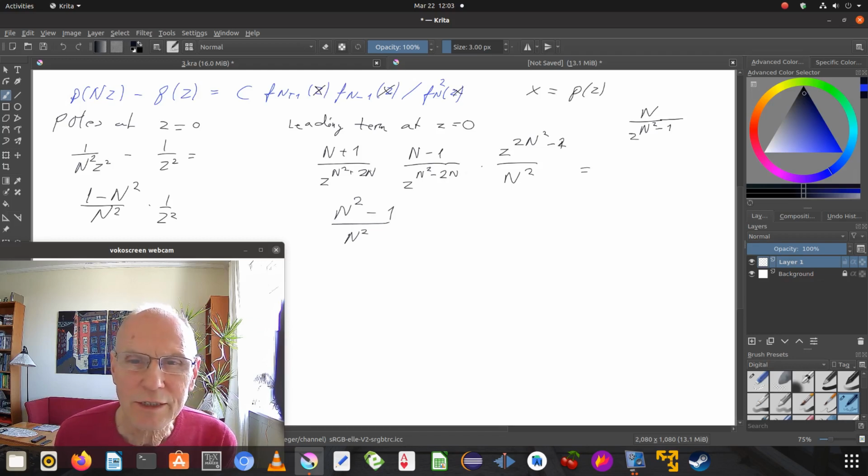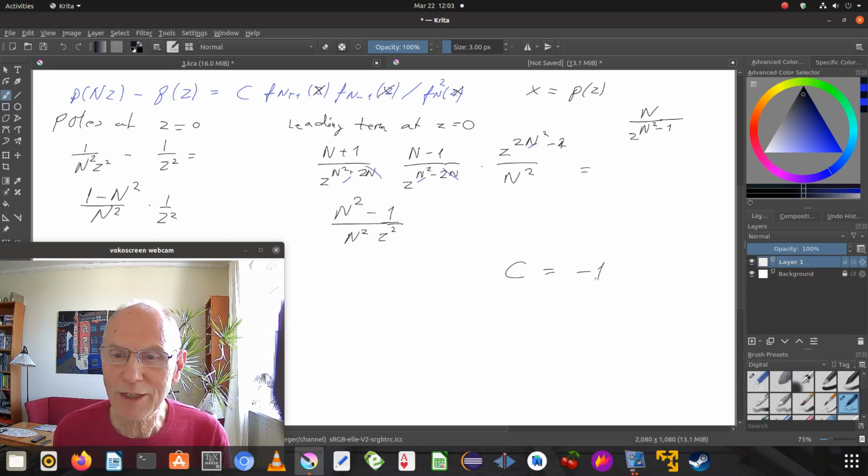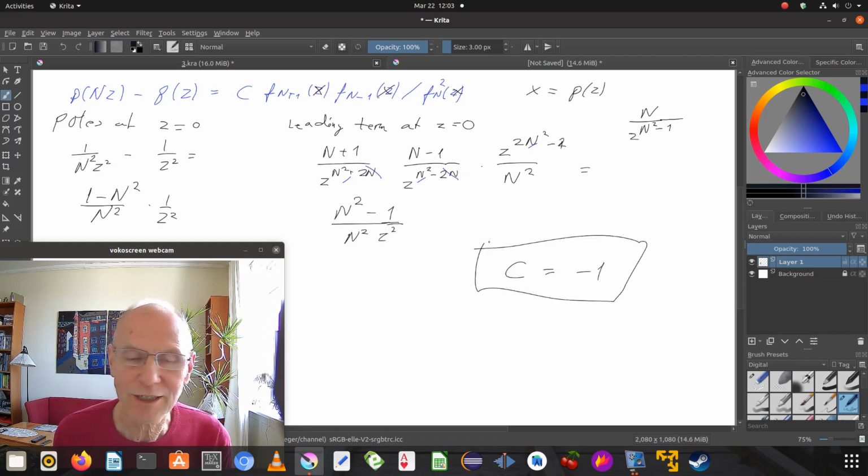And then these two cancel, and these cancel. So we get z to the minus second, or z squared in the denominator. So that finishes it. The constant c must be minus 1, like stated in the problem.